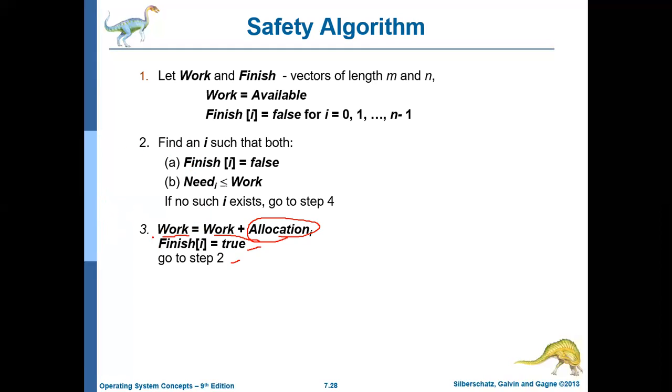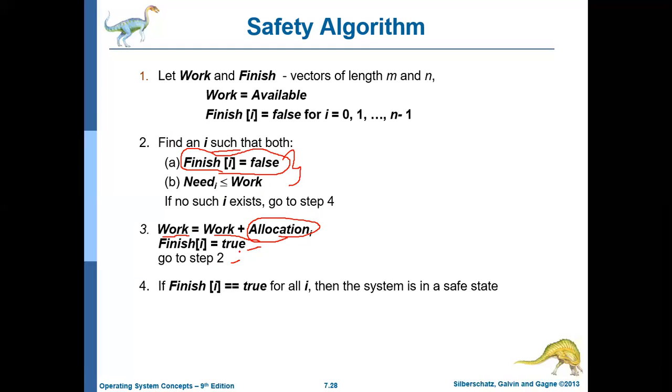How long will this keep repeating? Until all finish of I becomes true. If the algorithm is unable to find an I such that finish of I is equal to false and need of I is less than or equal to work, both conditions should be satisfied, then it will go to step 4.